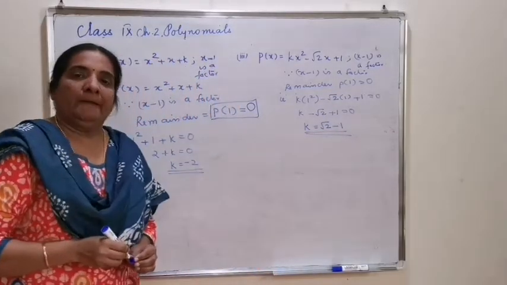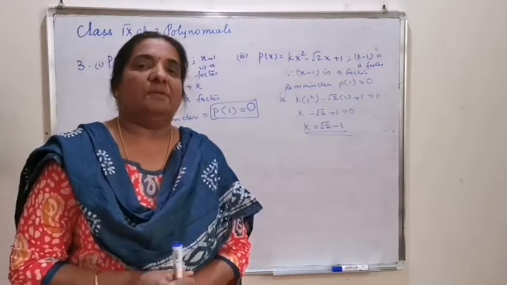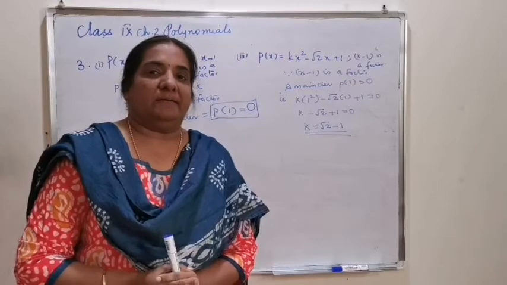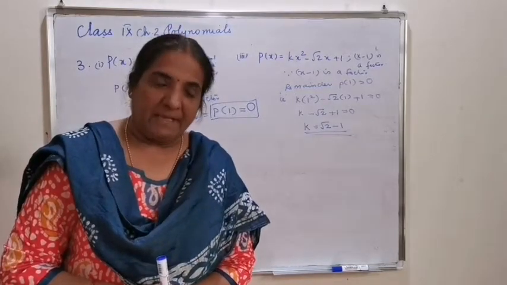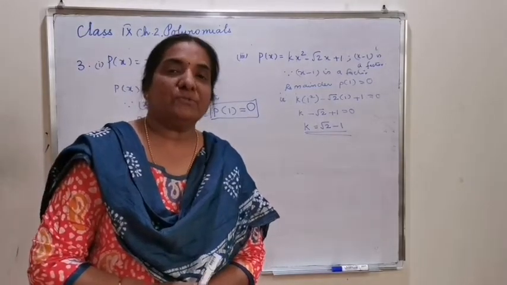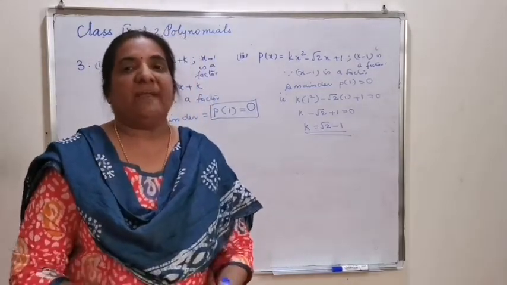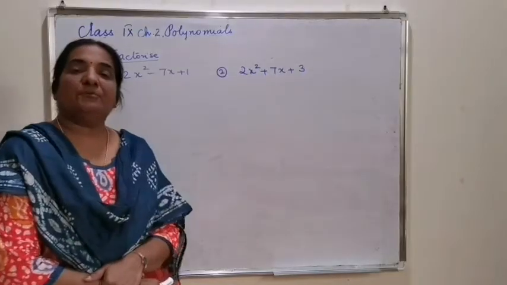Thus, in both remainder theorem as well as factor theorem, the word remainder is a key word. Even if you are applying remainder theorem, you are finding the remainder, or when you use factor theorem, the remainder value is 0.